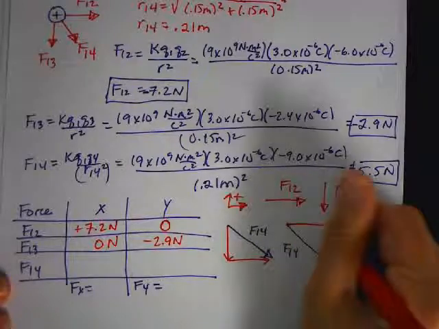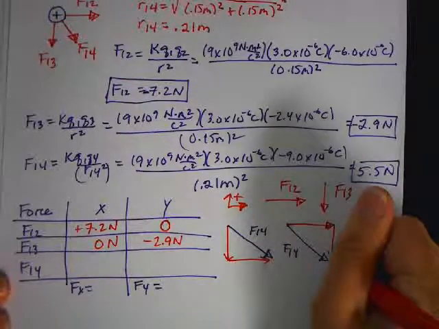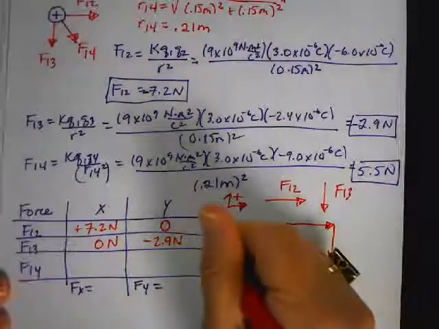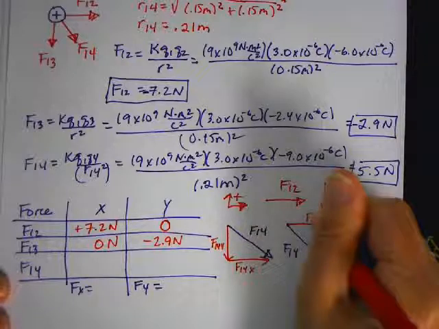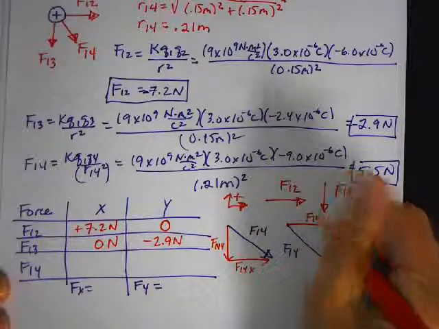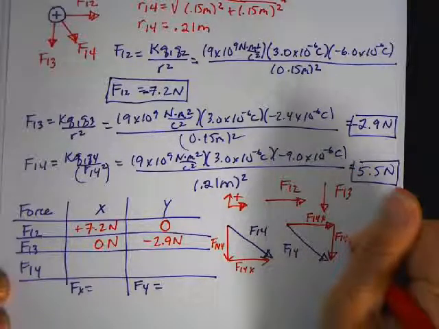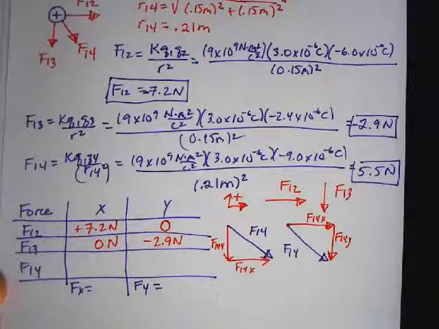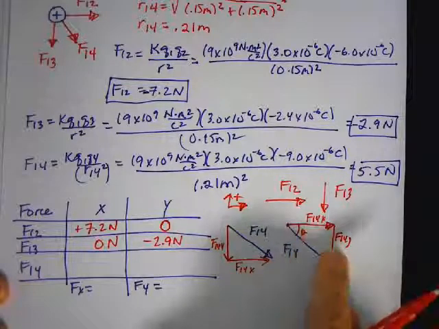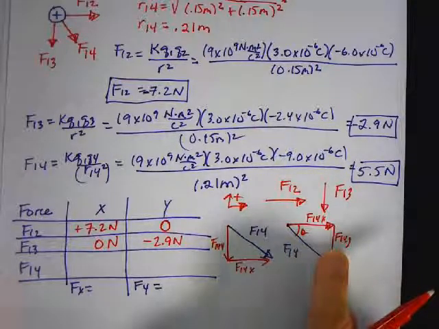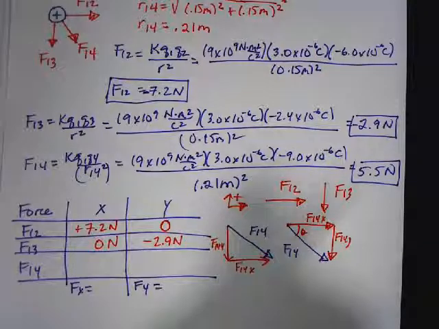I go horizontal from the head of that vector. I draw the tail of the other. So whether this is F14Y, F14X, either way, it looks the same. Alright, so now I want to find F14X and F14Y. Okay? So remember, this is a right triangle, and I need to find the X and Y component of each one.